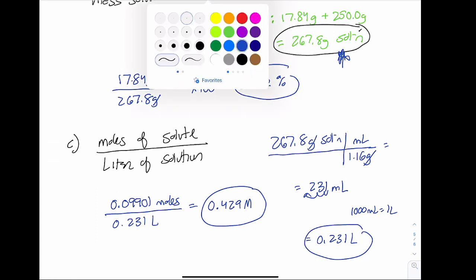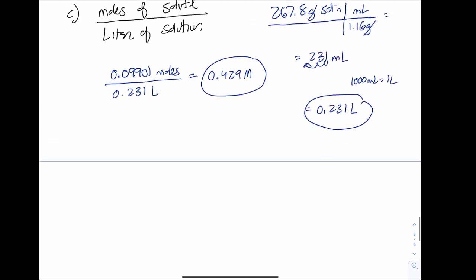I want to do another example using parts per million.